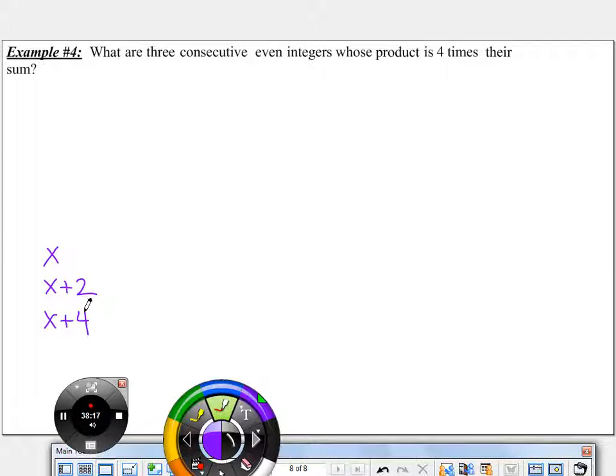Then what we're going to do is try and set up an equation based on what the problem said. The problem said, what are 3 consecutive even integers whose product is 4 times their sum? So what does that mean? What am I doing? Julia?